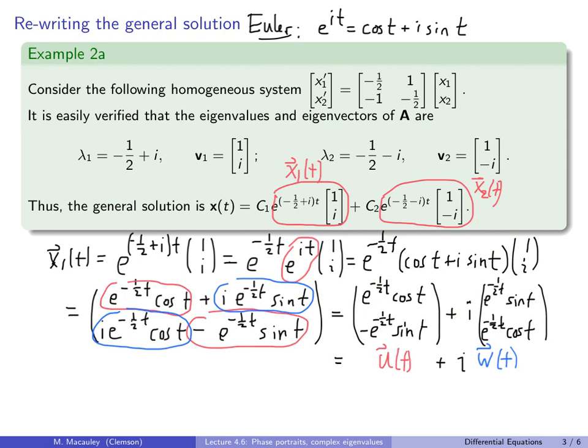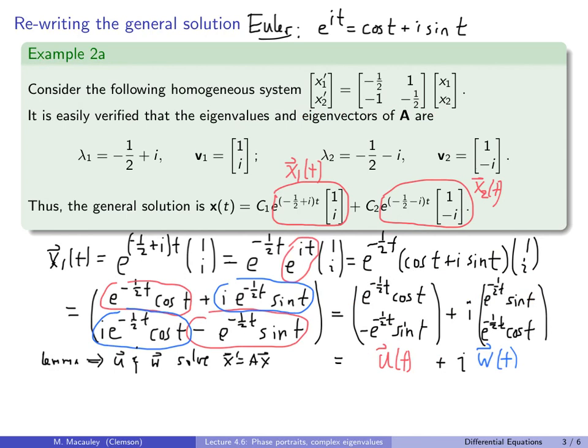So therefore, by the lemma, this implies that u and w solve x prime equals Ax. So why is that nice? Well, u and w don't have any imaginary numbers in them. They are real vector valued functions.